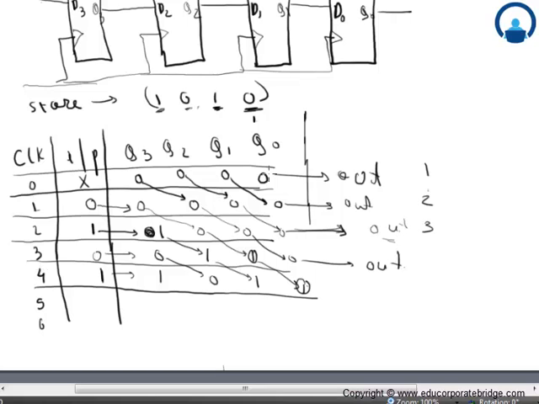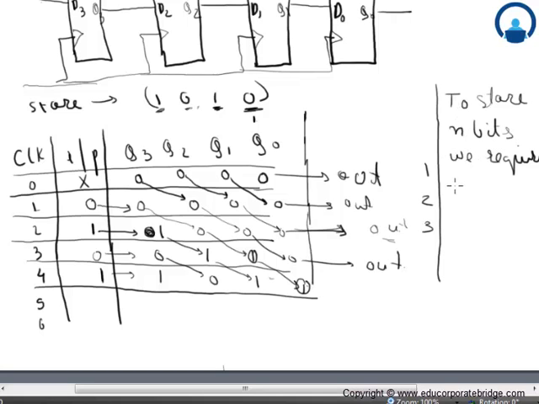That is, the number of bits required is equal to the number of flip-flops, which is equal to the number of clock pulses, which is 1, 2, 3, 4. So we can note down that to store n bits, we require first n flip-flops, second n clock pulses.